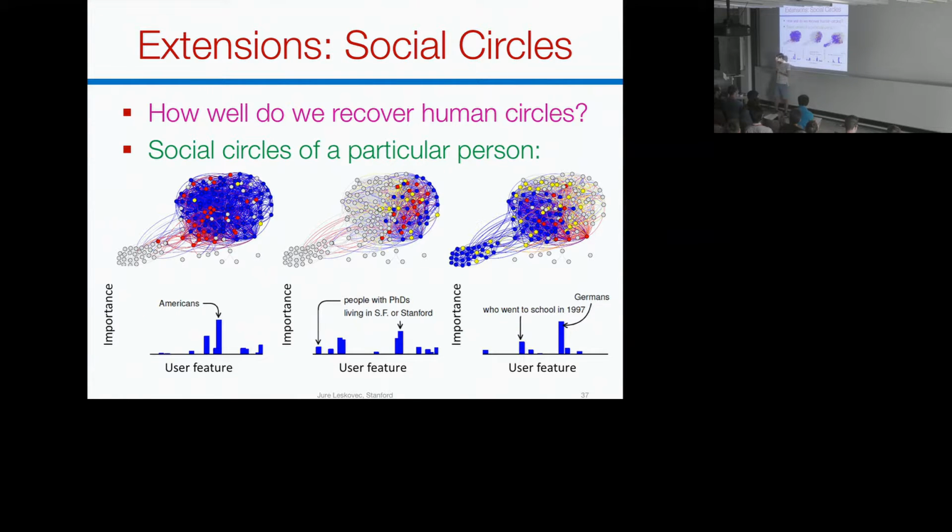Which features did we put in? We scraped the profile of people and created a feature vector out of that. So this is a Facebook network, so it's Facebook profile features. The feature space is smaller than you think, because people enter their high school and say when they went to high school.